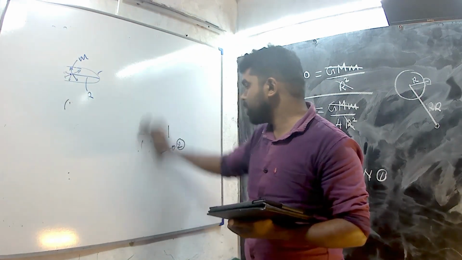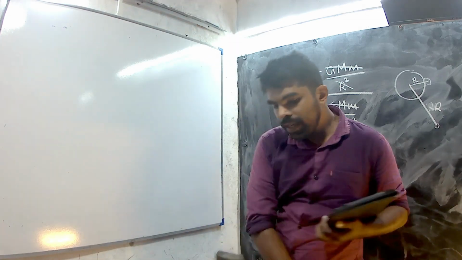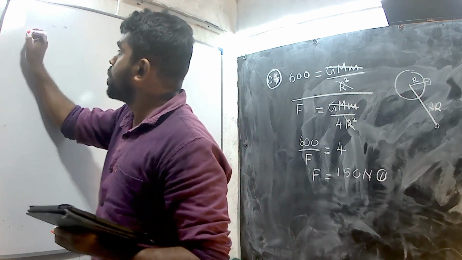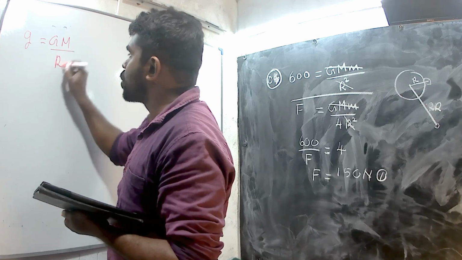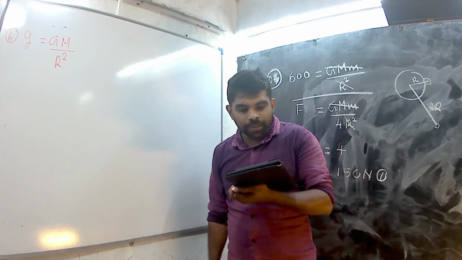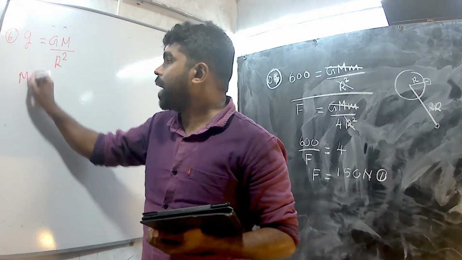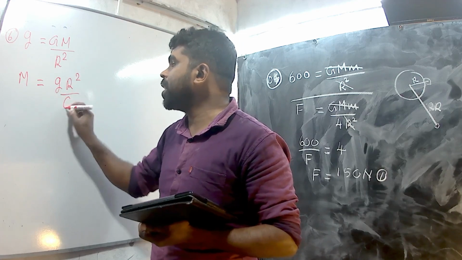I will write the equation for the gravitational acceleration on the surface: g equals GM over R squared. Now I will make mass the subject. Mass equals g R squared divided by capital G.